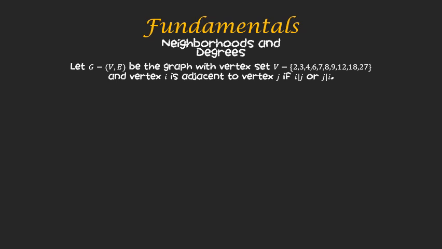All right, so let's draw this graph and use it as an example to talk about some more terms, specifically neighborhood and degrees. So I have 11 vertices here. 1, 2, 3, 4, 5, 6, 7, 8, 9, 10, 11. So here's my graph.